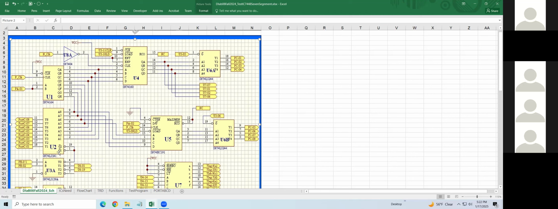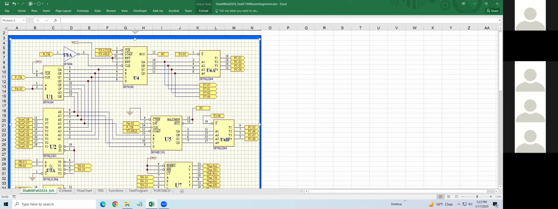Then pin 1 and 19 on U2 will be 0. That means we have to understand how this 139 works. 0, 0, the first low; 0, 1, the second low; 1, 0, the next one; and 1, 1, the next one low. That means only one output is low at a time. And that's why I say if you enable.